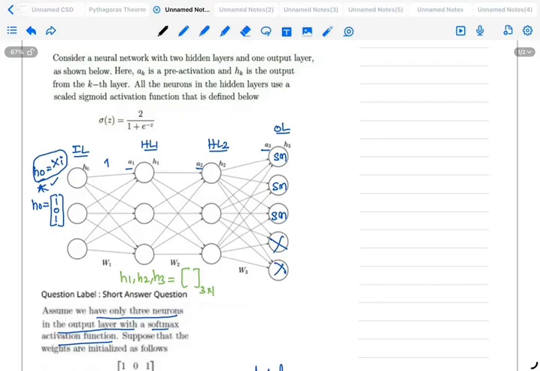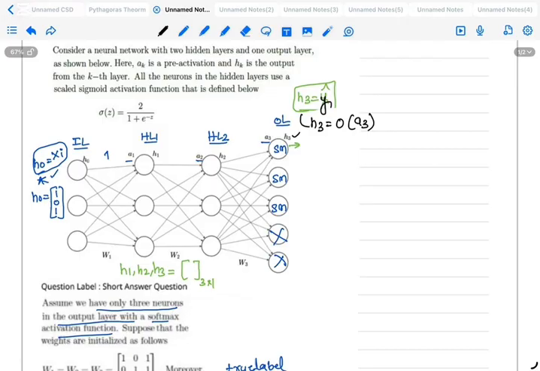The H2 layer also has 3 neurons, 3 cross 1, and the output layer H3. Here in the output layer, H3 is y hat also. H3 is y hat, that is the output, and H3 equals softmax of A3.